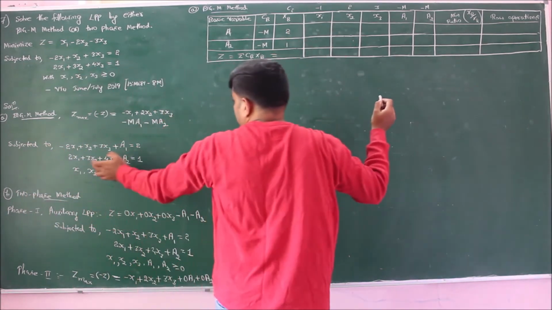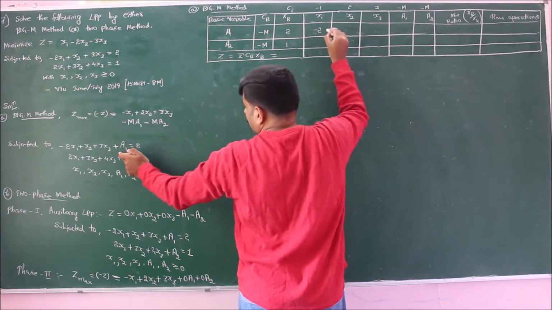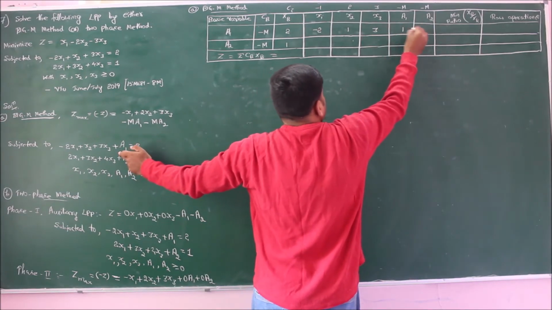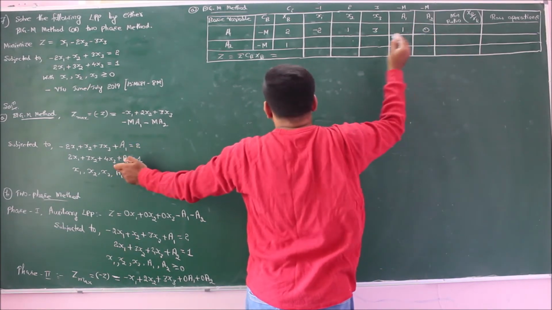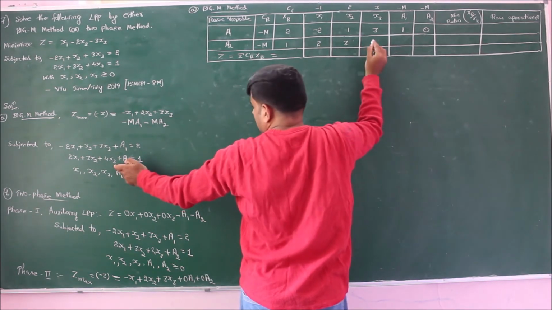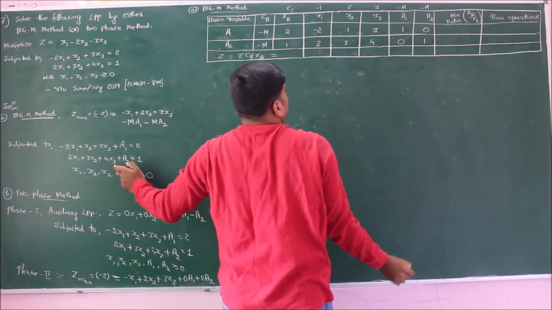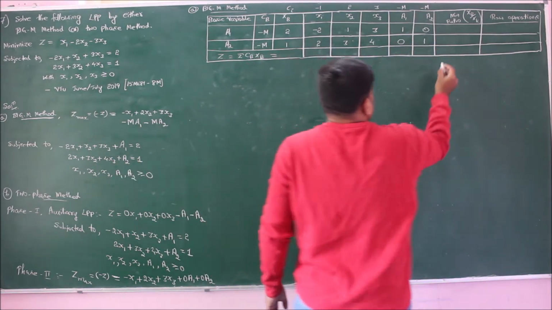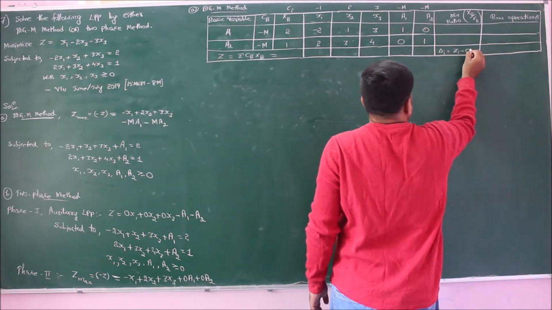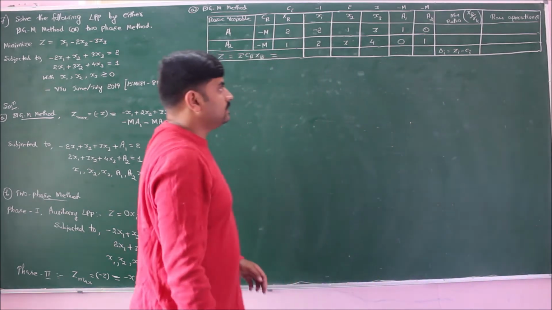Entering the matrix from linear equation 1, we have the values as minus 2, 1, 3, 1, 0. From the second equation we have plus 2, plus 3, plus 4, 0 and 1. Now I should perform the operation delta i is equal to zi minus ci, where zi is the summation of Cb xb.